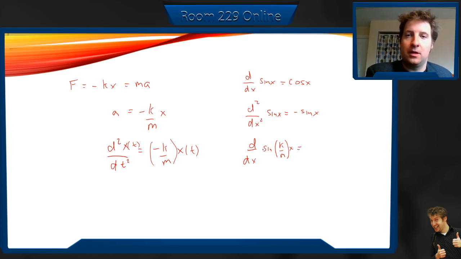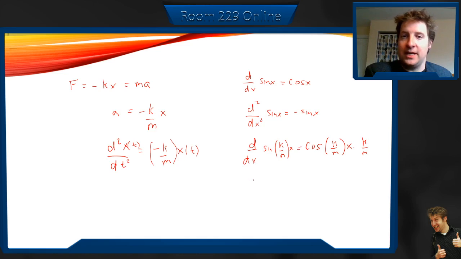If I take the derivative of sine k over m x, I'm going to get a cosine function, k over m x, multiplied by k over m, using the chain rule. So I'd have to do the derivative of sine, but then I have to take the derivative of the argument of the sine. And the derivative of k over m x is just going to be k over m.